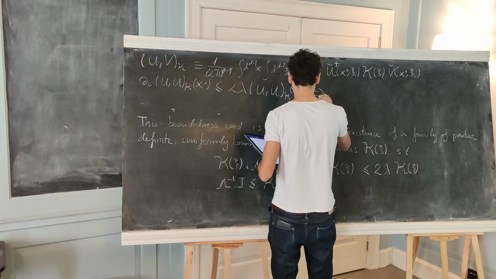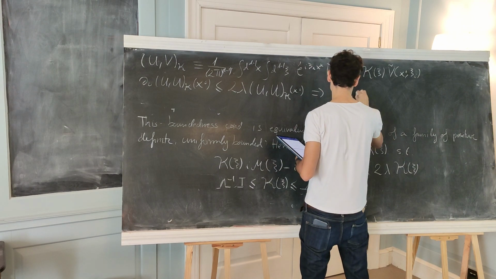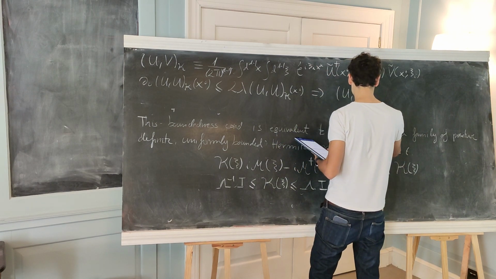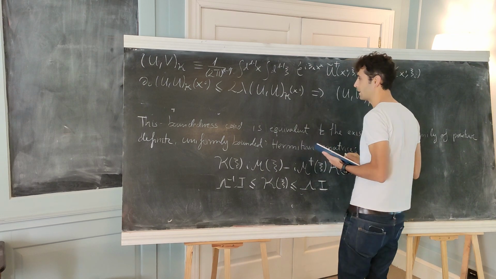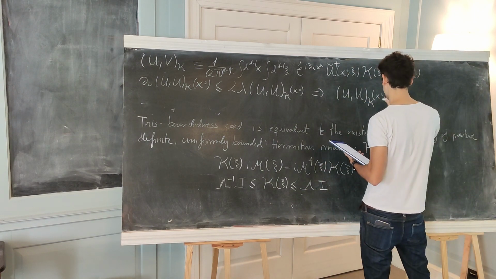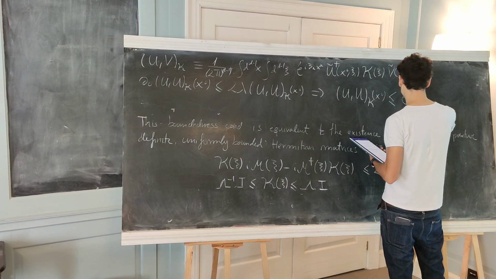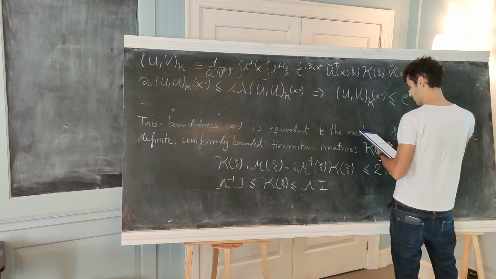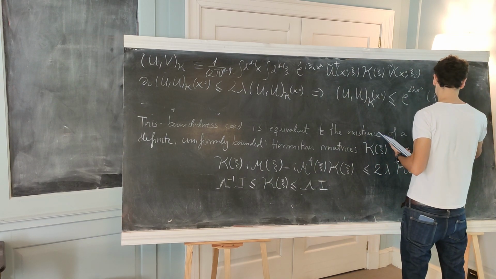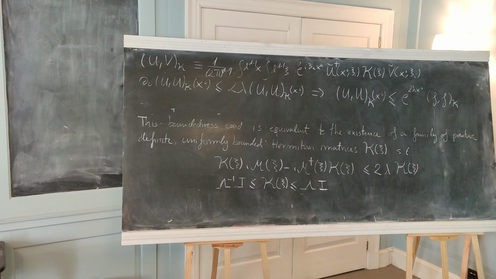In the mathematics literature, this is called an energy estimate, and to go from here to here you use something called Grönwall's inequality. So this symmetrizer allows you to bound the solution in terms of the size of the initial data, using the same symmetrizer. That's called an energy estimate. So it's basically the same condition.